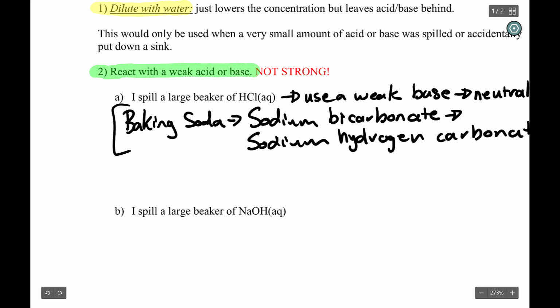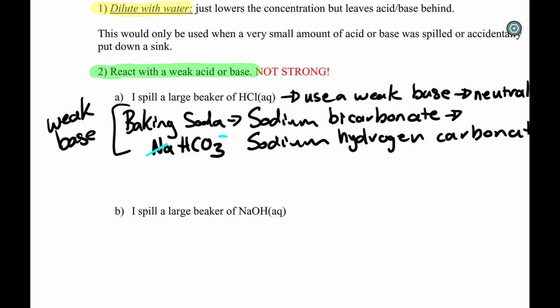Baking soda is a weak base. The symbol for it is NaHCO3. And realistically, I don't care about the sodium. What I really care about is the hydrogen carbonate. The hydrogen carbonate is the base.